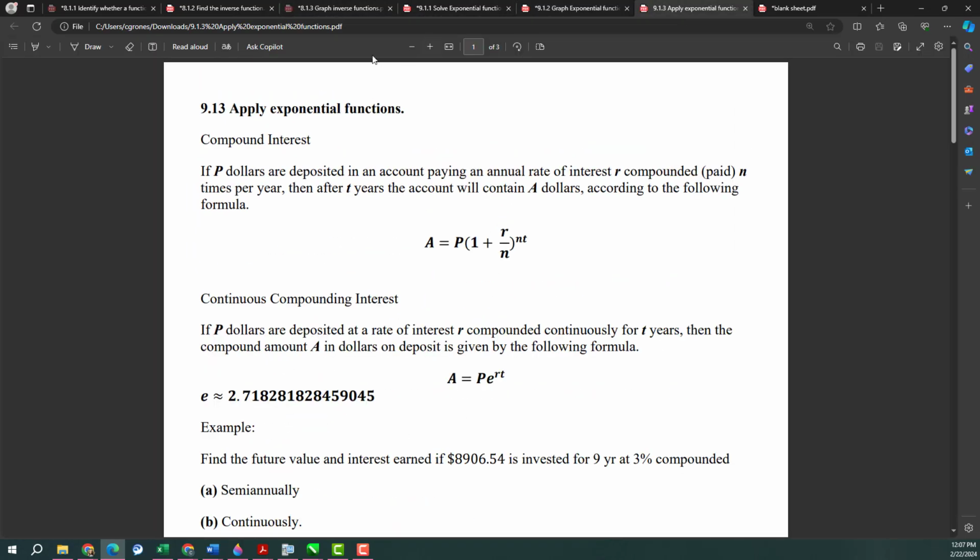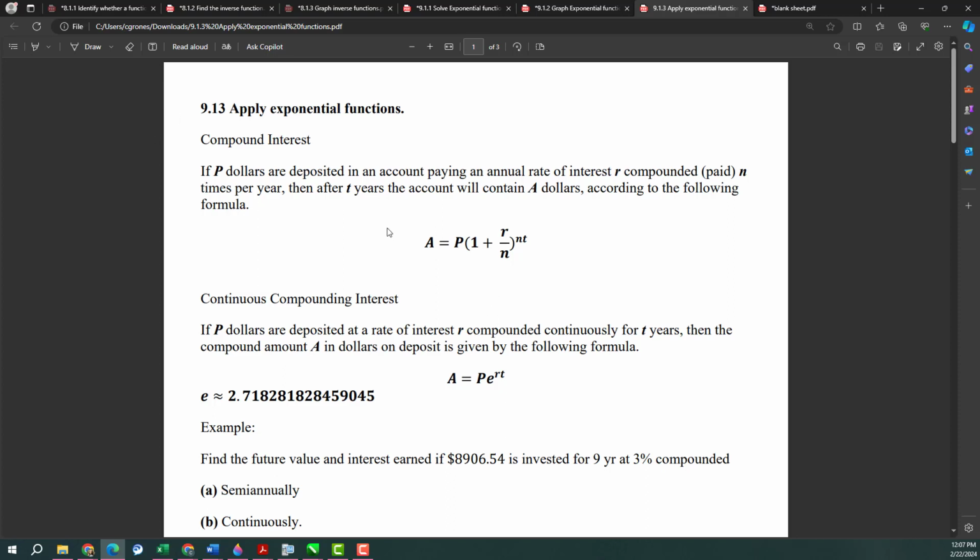And then 9.3, the applications, we're going to apply the exponential functions. We're talking about compound interest.